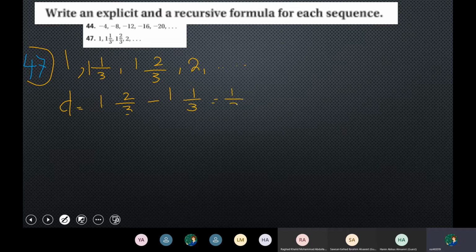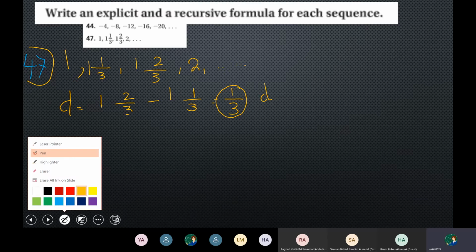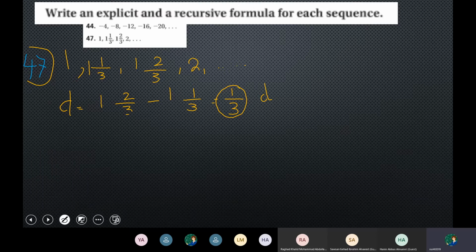They are 1 over 3. So this is now D. The explicit formula is A sub n is A sub 1 plus n minus 1 times D.